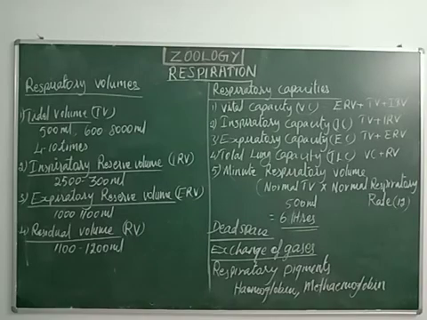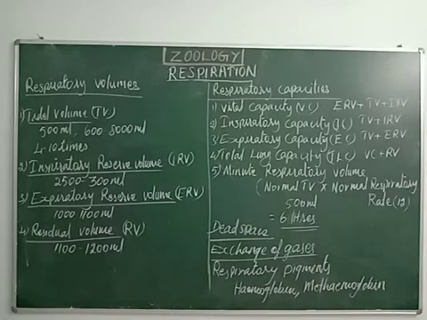The expiratory capacity can be calculated by adding the TV and ERV. So when we add tidal volume and expiratory reserve volume, we will get expiratory capacity.